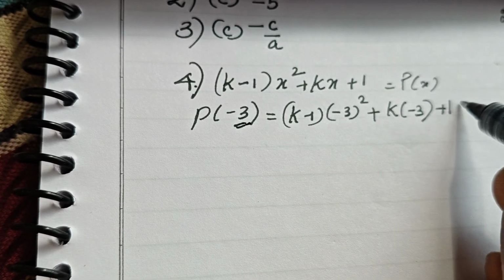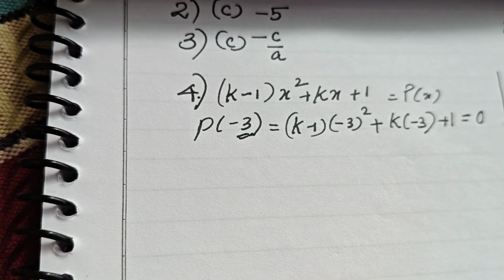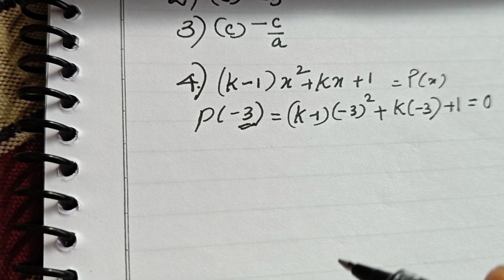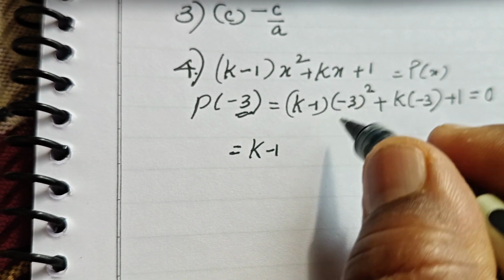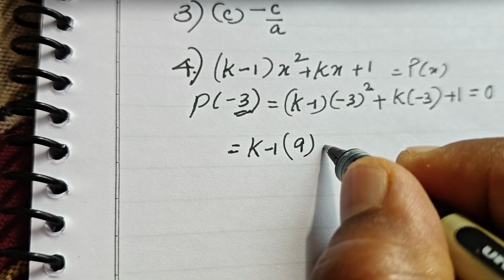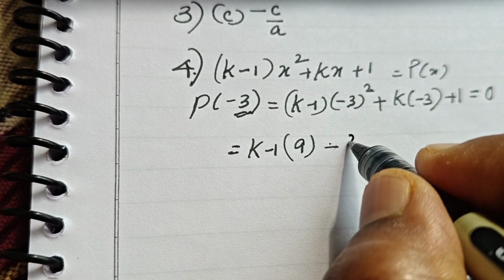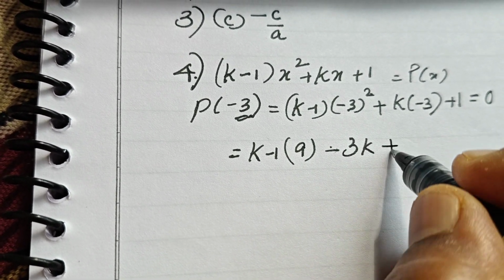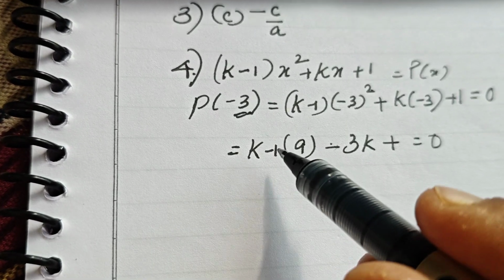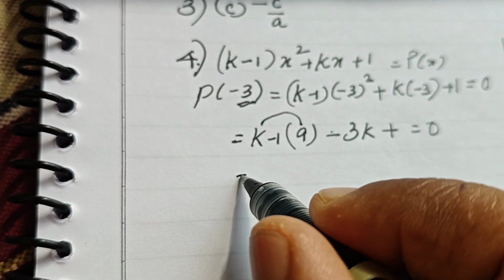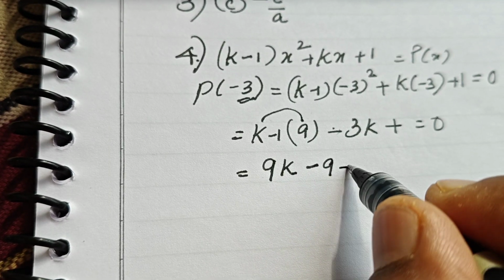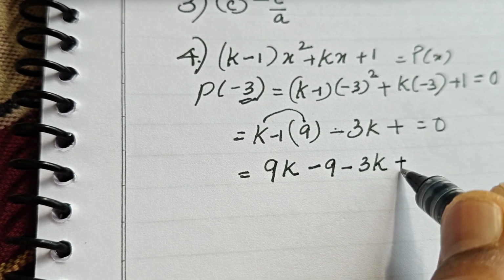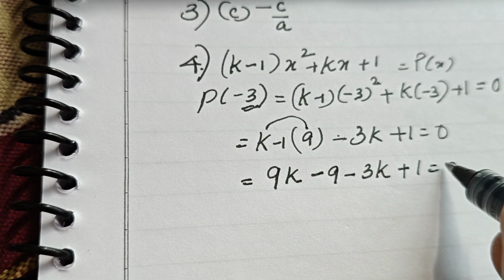As it is 0, the equation should be equated to 0. Now expand it. K minus 1 into 9, minus 3k plus 1 equal to 0. Now multiply this. 9k minus 9 minus 3k plus 1.